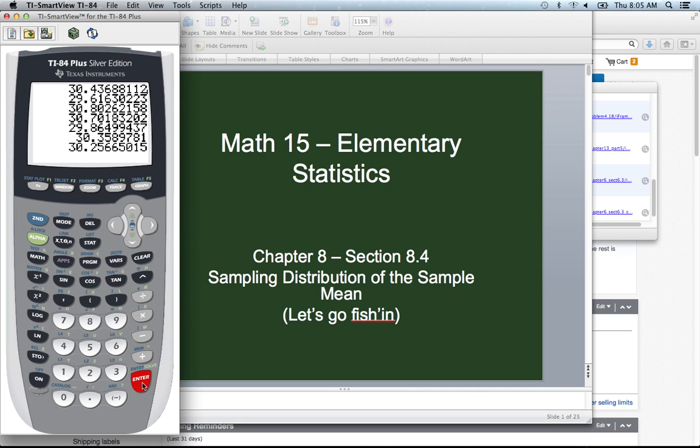So all of those numbers scrolling by on the calculator screen are sample means. Okay, so we have 100 sample means stored in list means.